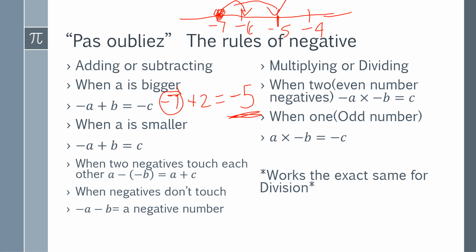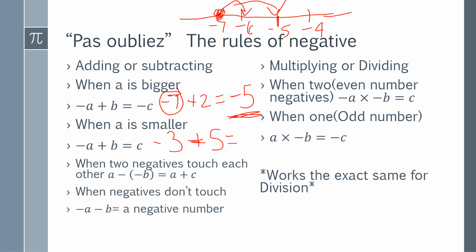So what about if A is smaller? For example, negative 3 plus 5. And the best way to understand integers and to recall them is always to associate them with money. So, I owe you $3, but I only have a $5 bill, so I gave you that.